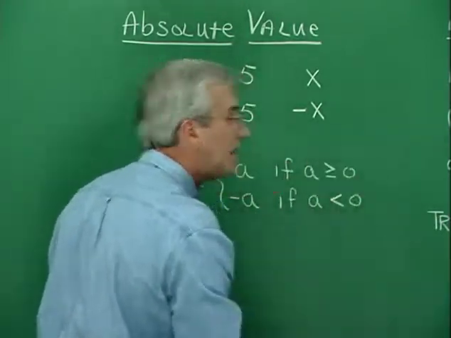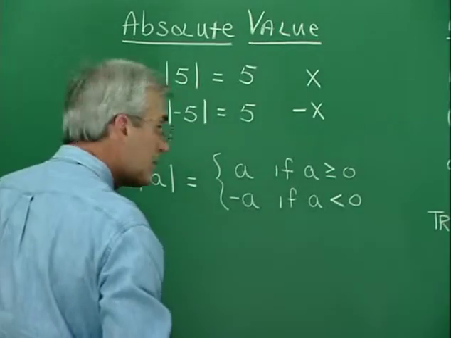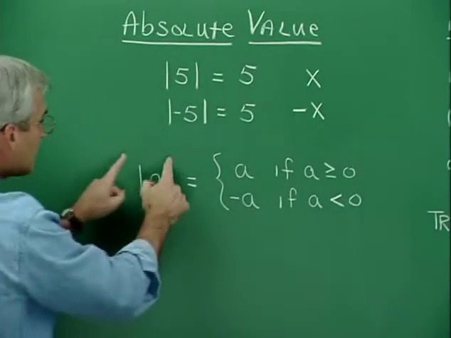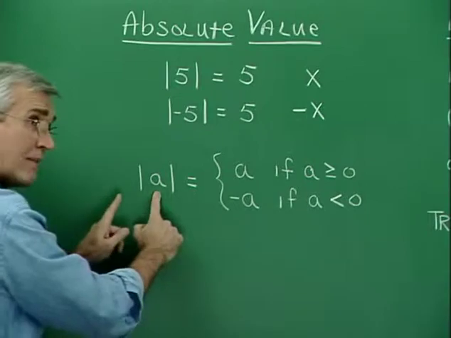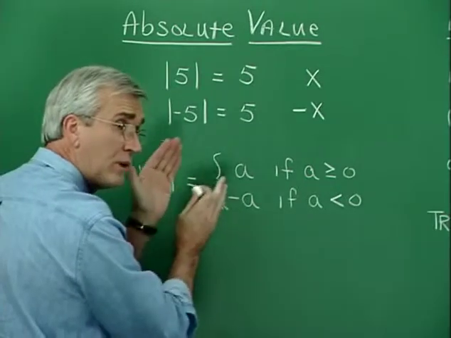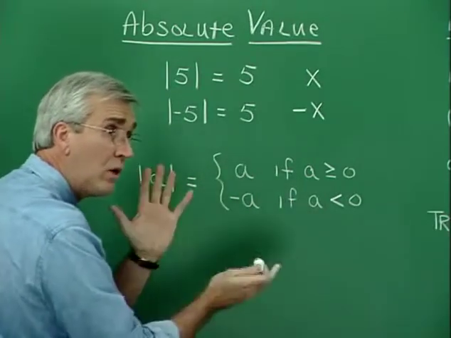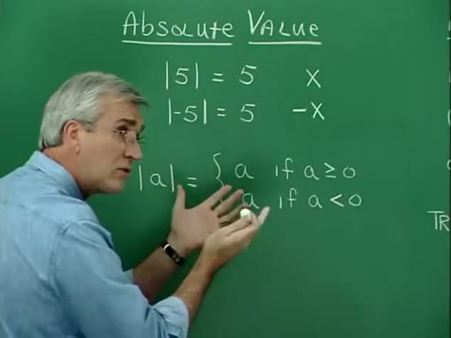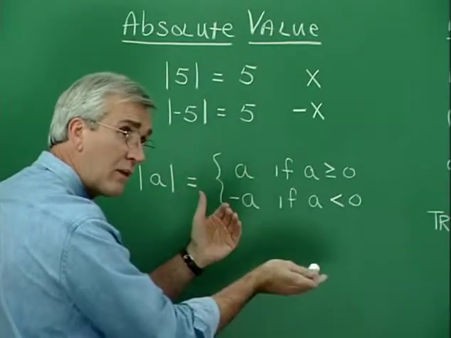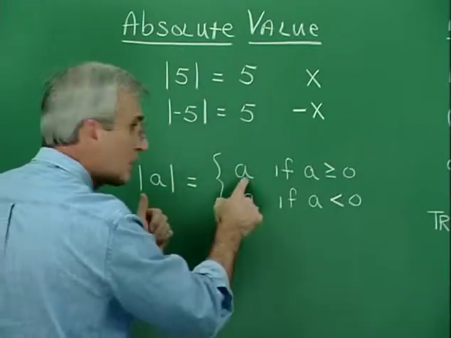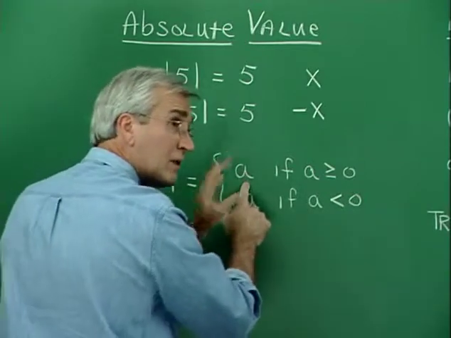Now, that idea allows us to write a general definition for absolute value. The absolute value of any real number a is equal to, and now we split the definition into two parts. One where the number itself is positive, and the other where the number is negative. And we include the 0 in this possibility as well, the positive one.